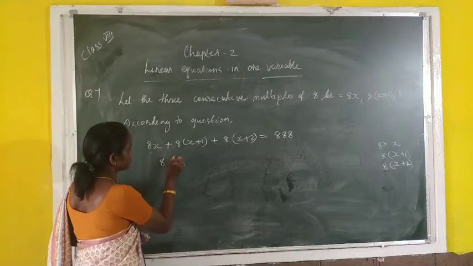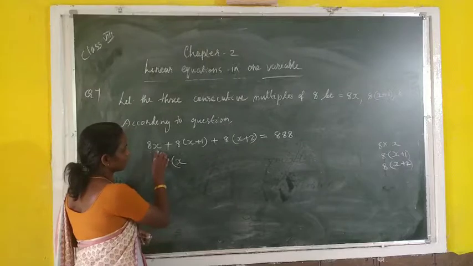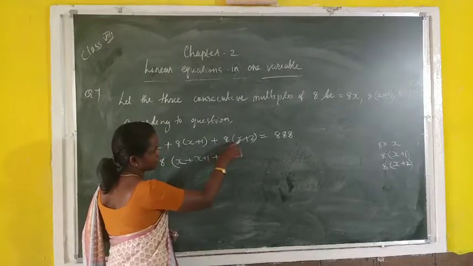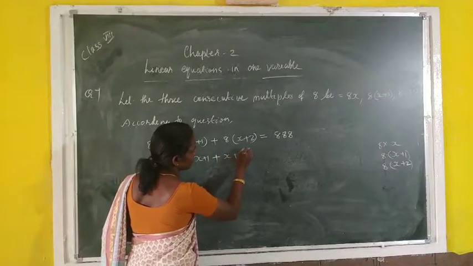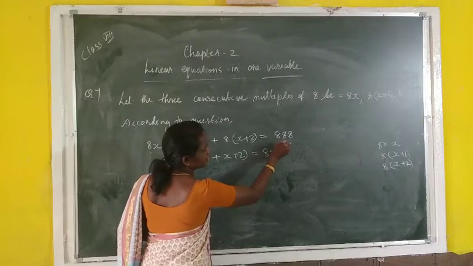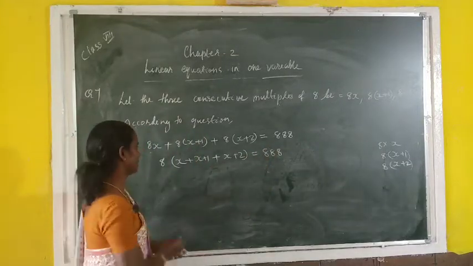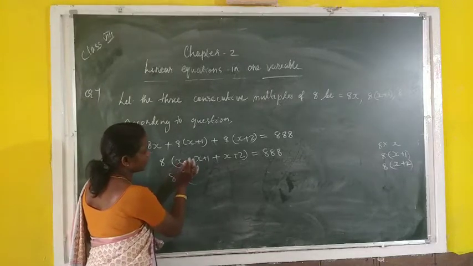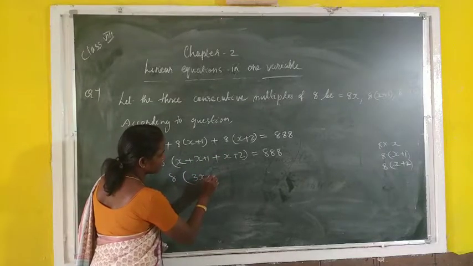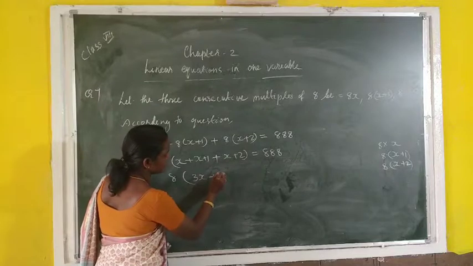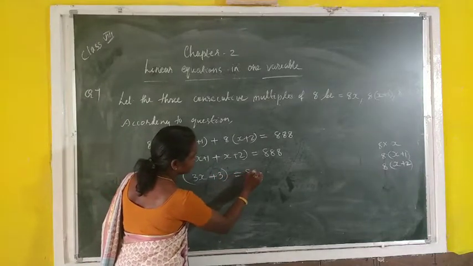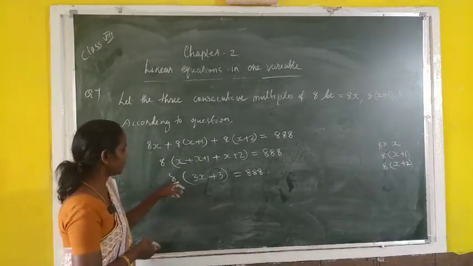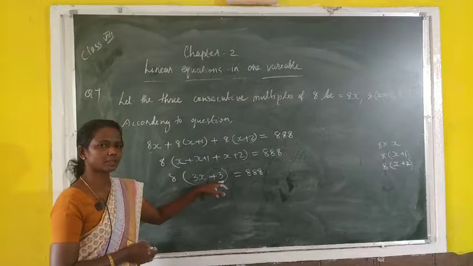The balance numbers we can write inside the bracket: x plus 1 plus x plus 2 is equal to 888. Then inside the bracket, how many x? 1, 2, 3. 3x plus numbers 1 plus 2 is 3, is equal to 888.